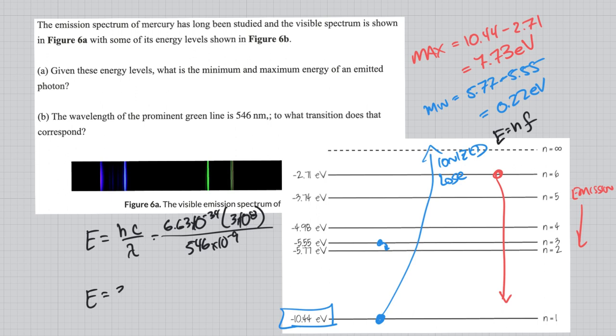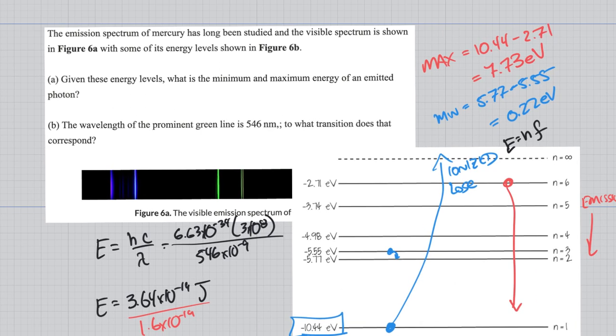That energy would be 3.64 times 10 to the negative 19 joules. And then to find electron volts, we're going to divide that by 1.6 times 10 to the negative 19. And that's going to get me a value of 2.27 electron volts. So then I could say, okay, what level to level can I get to do 2.27?